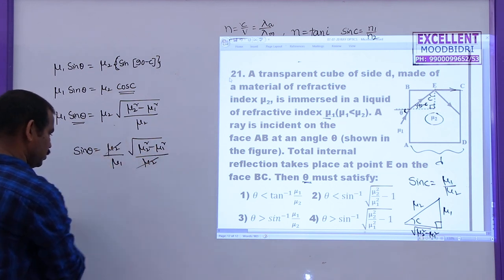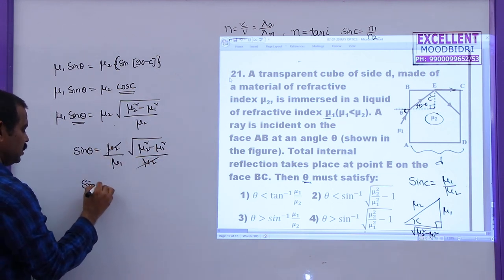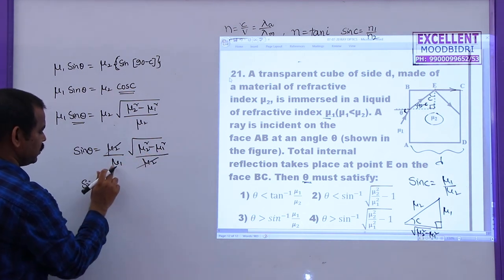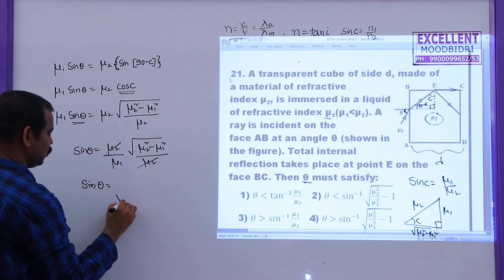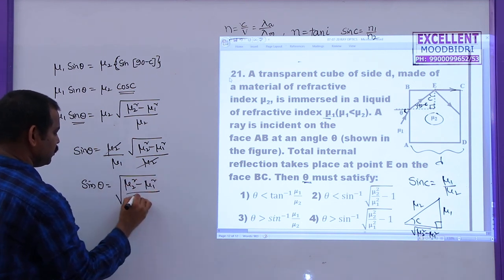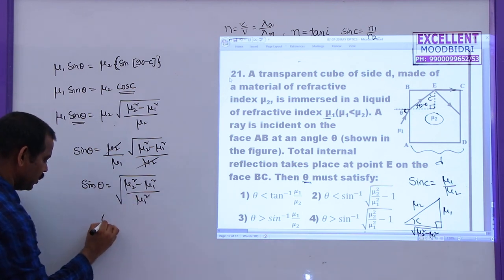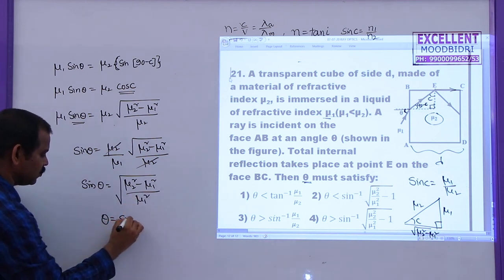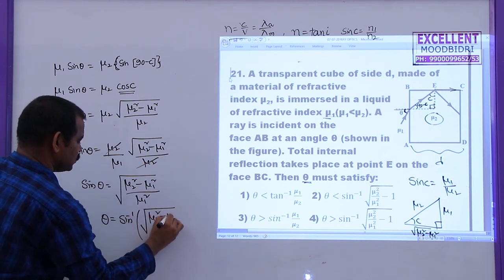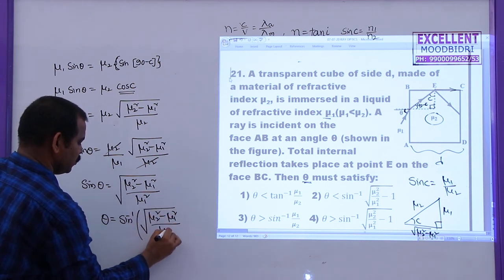You can cancel mu2 and mu2 here. So sin theta will become root over mu2 square minus mu1 square by mu1. If it goes inside the root, you can write this as mu2 square minus mu1 square by mu1 square. So what is theta here? Theta is equal to sin inverse of root over mu2 square minus mu1 square by mu1 square.